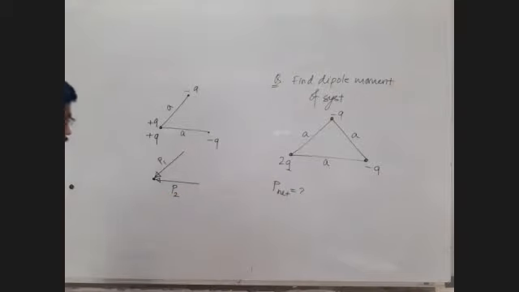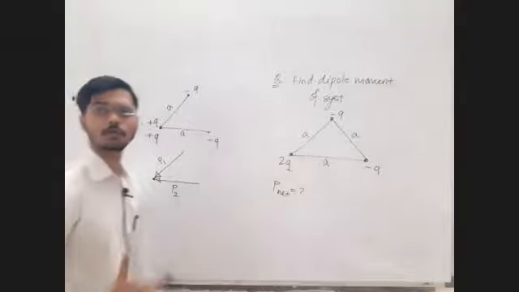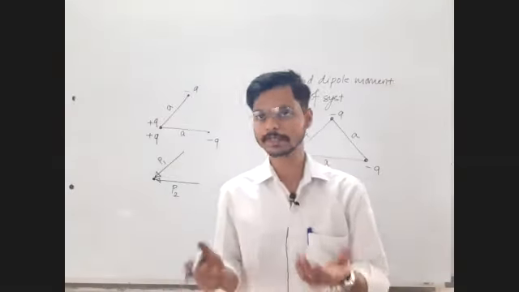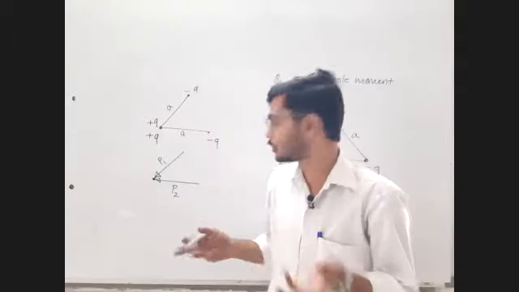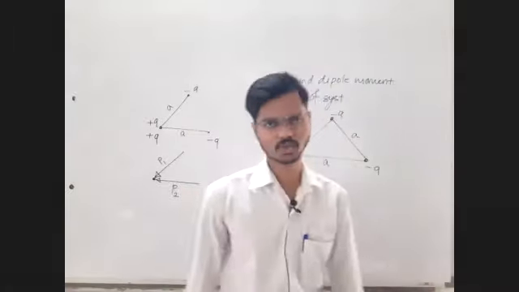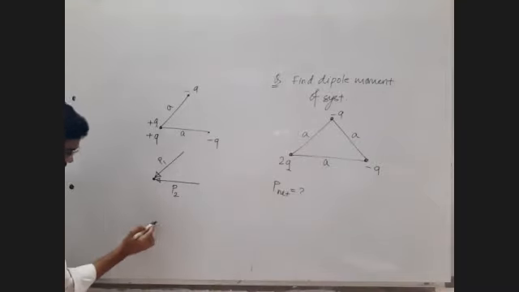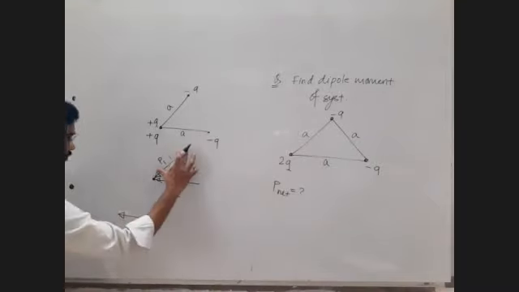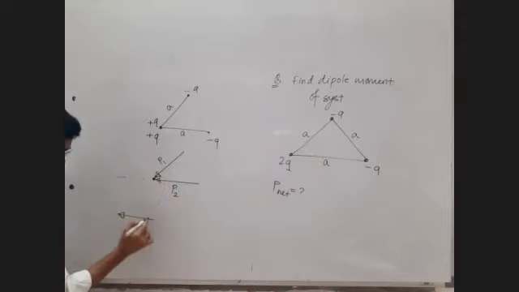This dipole we will call P1, and this dipole P2. Now we have to find the effective dipole moment. To find it, you have to do vector addition, or at least to find the magnitude of the resultant, you need the angle between these two vectors. Just move this dipole here and move this dipole forward, parallel.